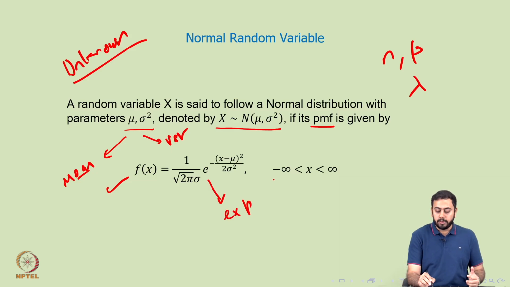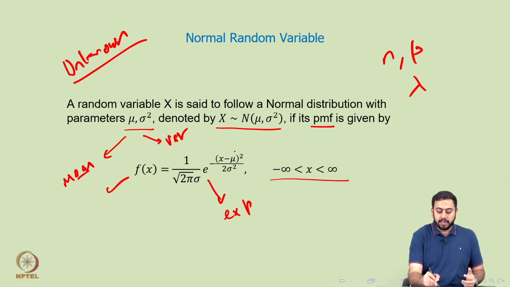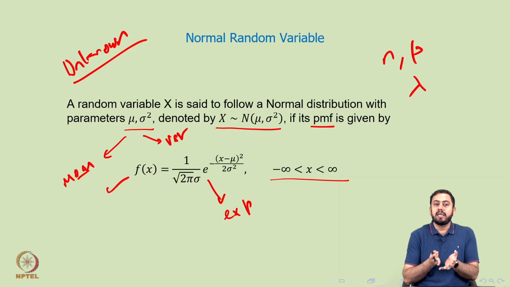One more important point to note here is that any normal random variable can lie anywhere on the entire real line, from minus infinity to infinity. Make sense? Now, let me fix a value of mu and a value of sigma square. If you fix these, can you give me the f of x function corresponding to those values? The answer is yes.